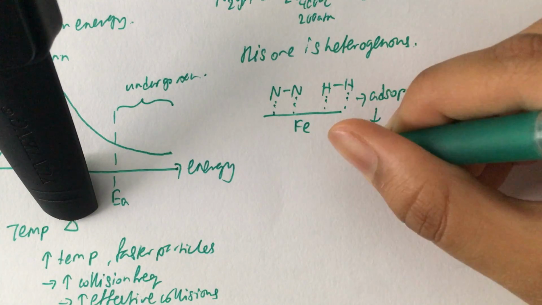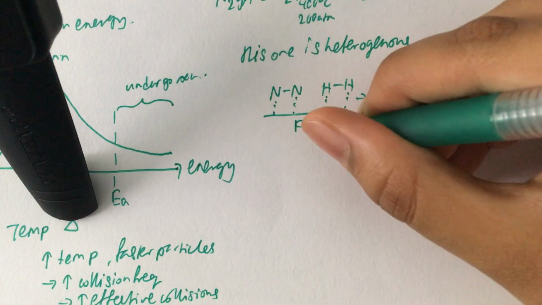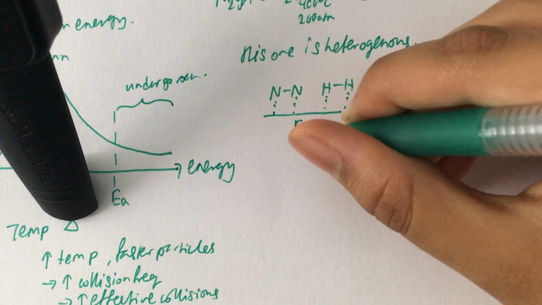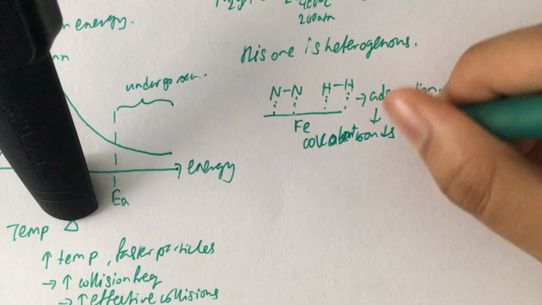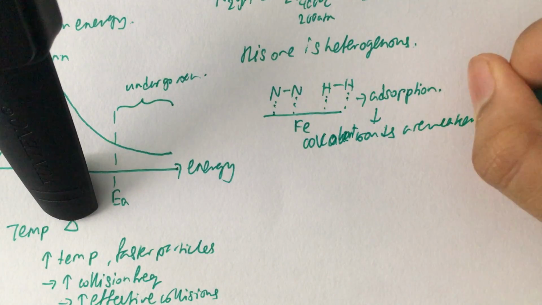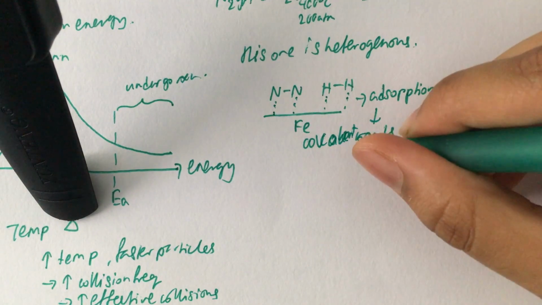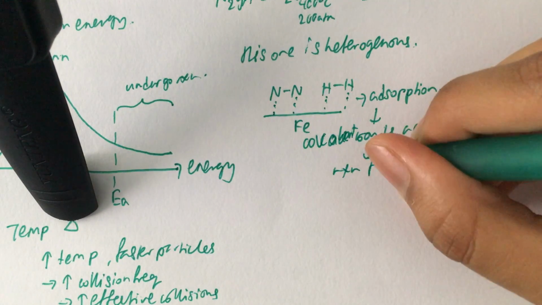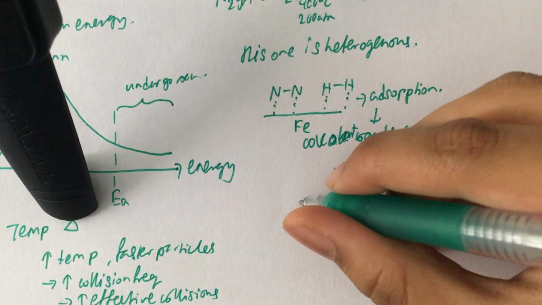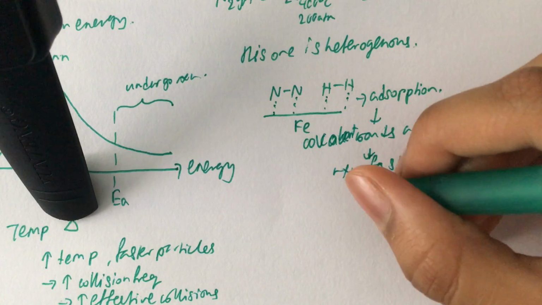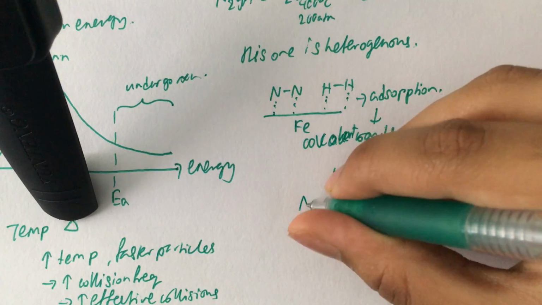But the funny thing about this whole process is that it's reversible. So the idea is if you keep removing the ammonia, then you can push the equilibrium forward. If you remove the product, the equilibrium can move forward. We look at that in chemical equilibria, which is the next episode.